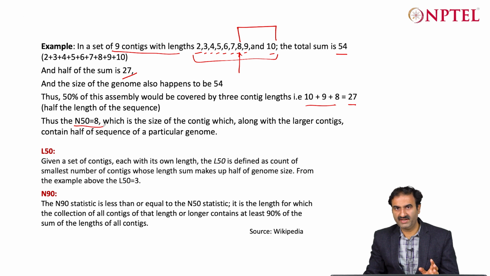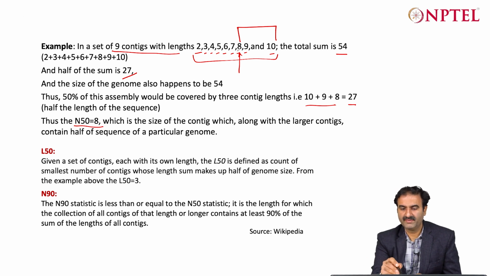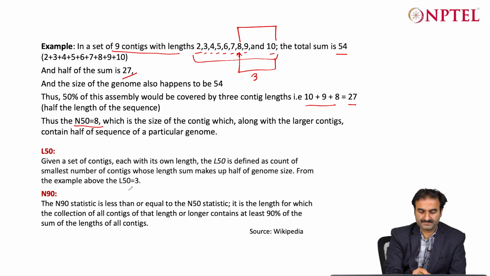N50 is 8, because of these 3 contigs 8, 9, 10, and half of the total assembled genome is the median that separates the two sides. Now in how many pieces is the assembly up to the N50? It contains 3 contigs, 8, 9, 10, 3 pieces. So your L50 will become 3.